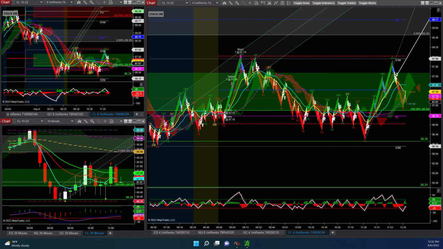In the 30 minutes chart, you see also this movement I pointed out here. And then the market started to recover a little bit in this area, from there all the way through here, and then has been moving sideways since then.